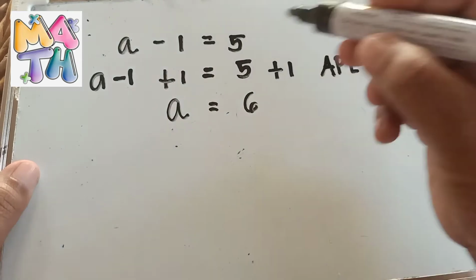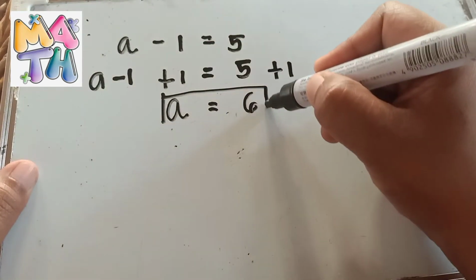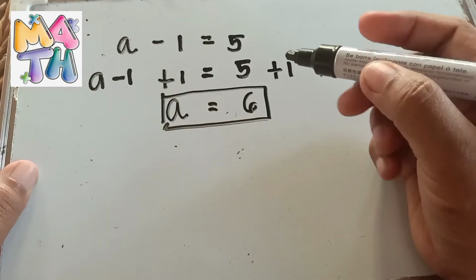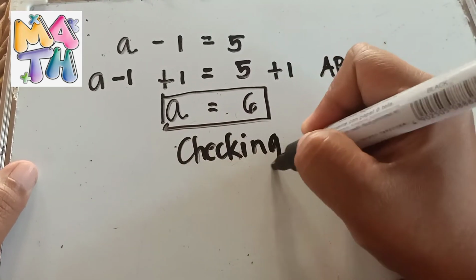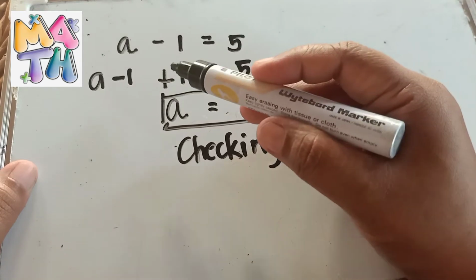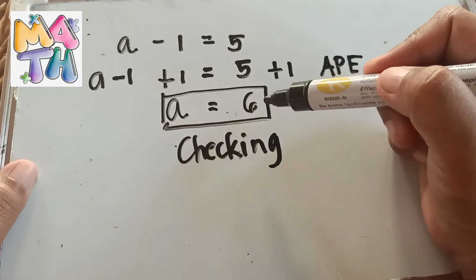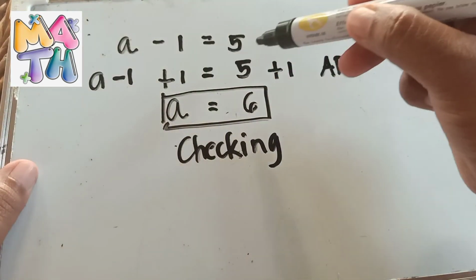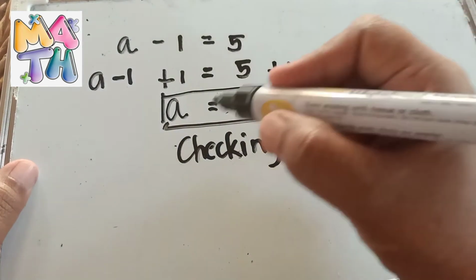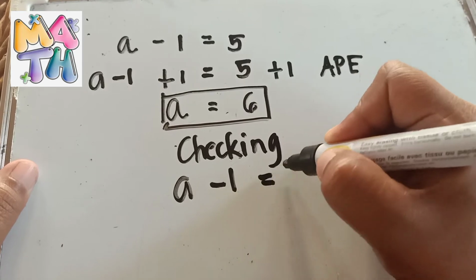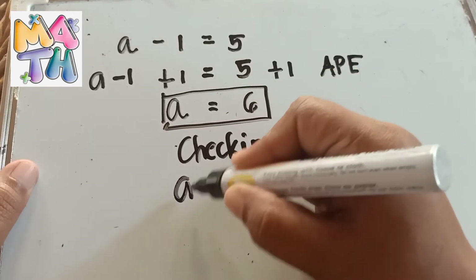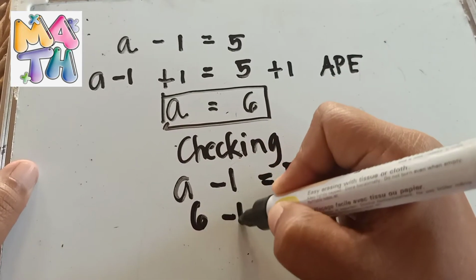Okay? Now, A here is equal to 6. When we do the checking, is 6 really the value of A? Would 6 really make this equation true? The original equation is A minus 1 is equal to 5. A here is 6, so 6 minus 1.